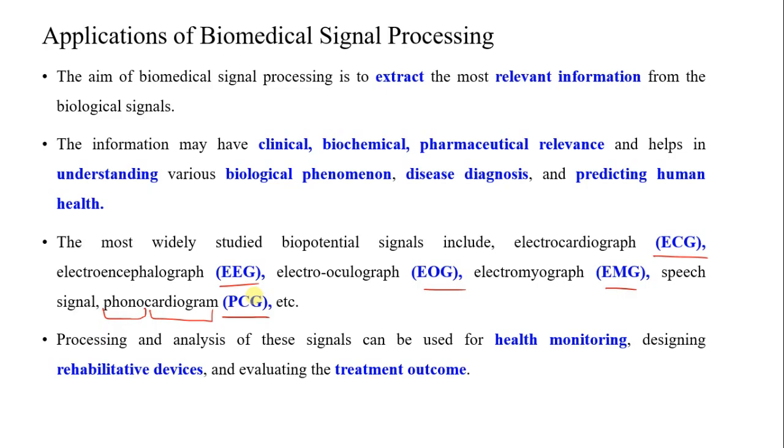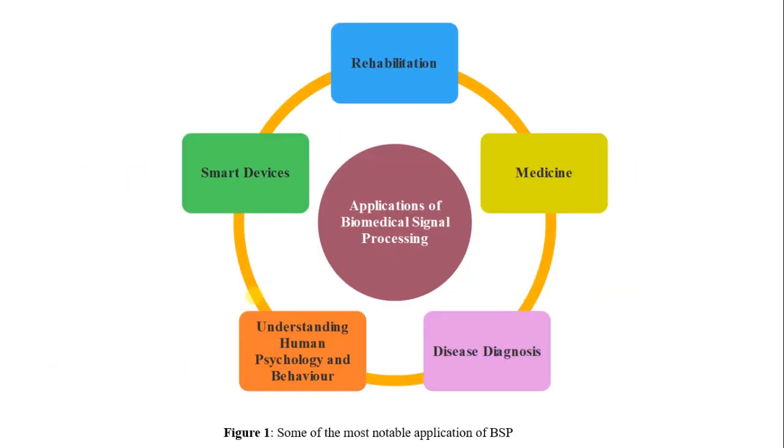Now, when we talk about the applications of biomedical signals, in general we are talking about five main categories. The first one is medicine. Why do we collect the signal? We want to analyze the biosignals to know whether any pathophysiological condition is there or not.